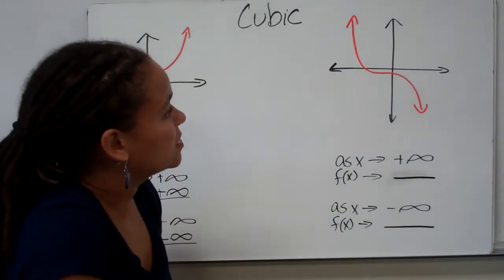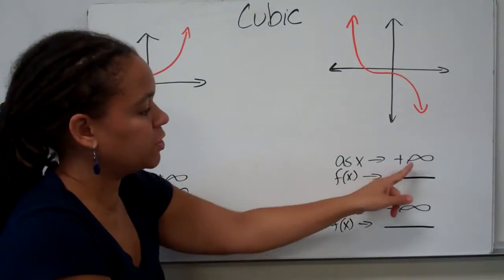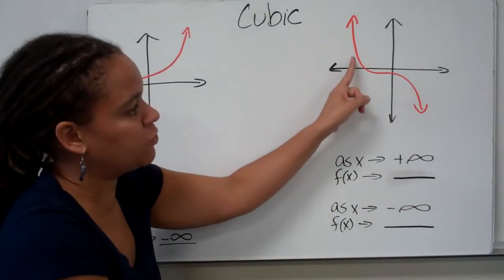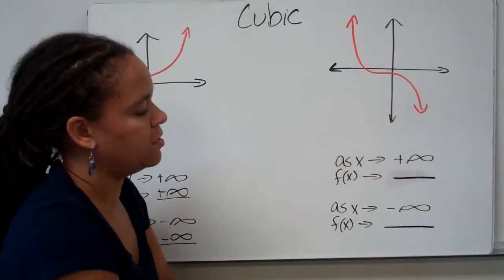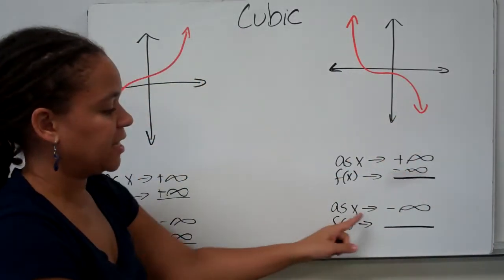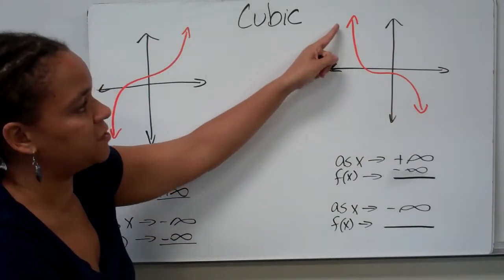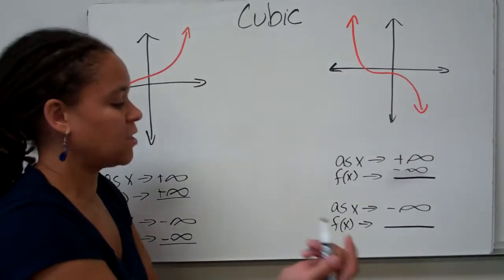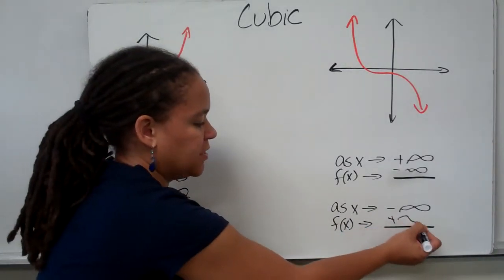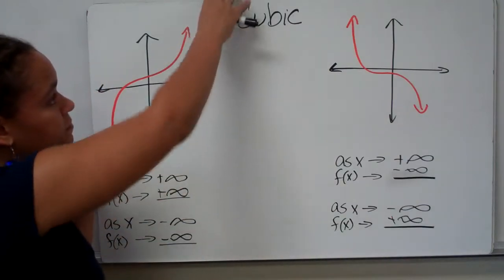All right, let's look at the other example of a cubic function. As x approaches positive infinity, so as I'm traveling to the right all the way, this is approaching negative infinity. And as x approaches negative infinity, so as I'm traveling to the left, my hand on the graph is going up toward positive infinity. So that describes the end behavior.